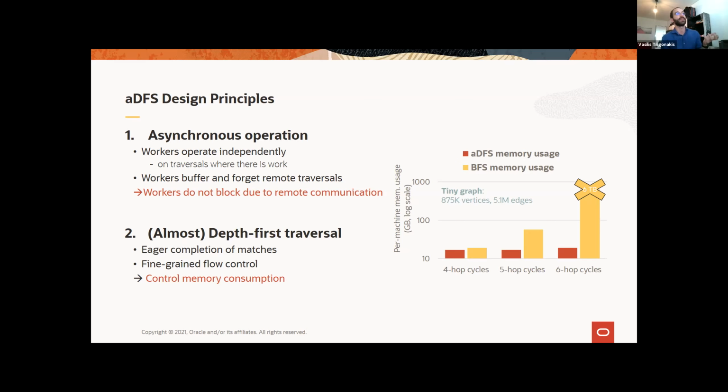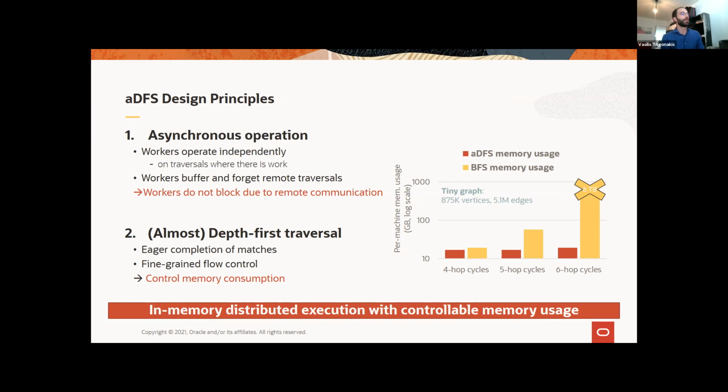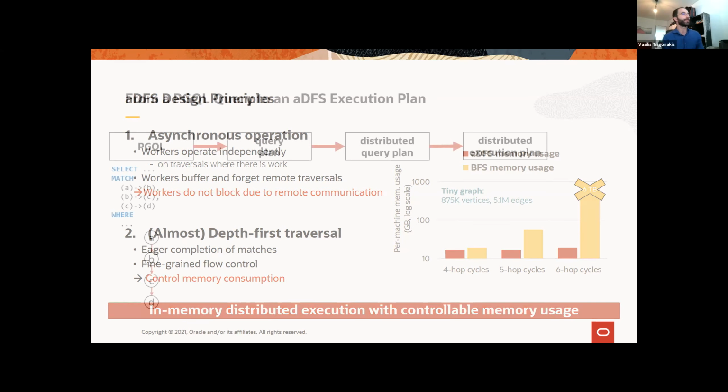For 5 hop cycles BFS is already exploding, and then for 6 hop cycles, you already have on this tiny graph more than 6 terabytes of intermediate results in total from the BFS runtime, and the query cannot be completed. While for aDFS, we have essentially fixed runtime memory. So what we claim here is that it's essential to have in-memory distributed execution with controllable memory usage.